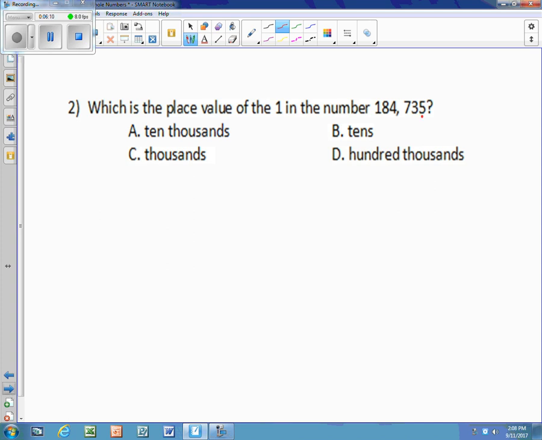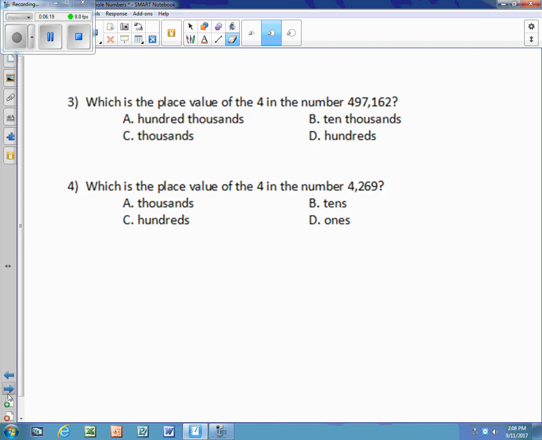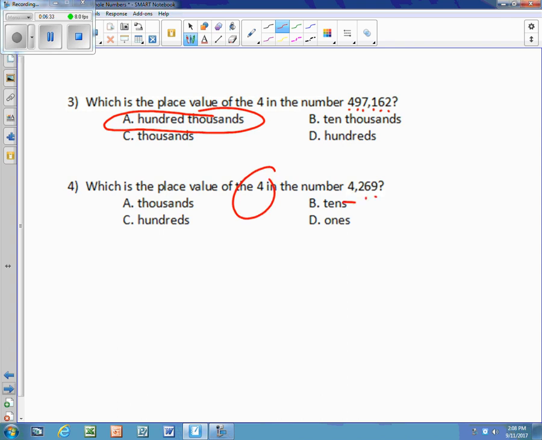So we can go ones, tens, hundreds, thousands, 10,000s, 100,000s, and the 1 is in the 100,000s place. What is the place value of the 4? We can do it again. Ones, tens, hundreds, thousands, 10,000s, 100,000s. And we stop singing when we get to the digit. We want the 4 in this number. Ones, tens, hundreds, thousands, and we can figure that out in that method.